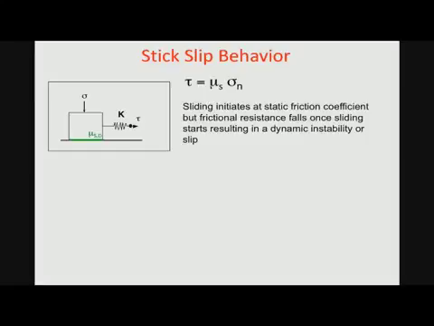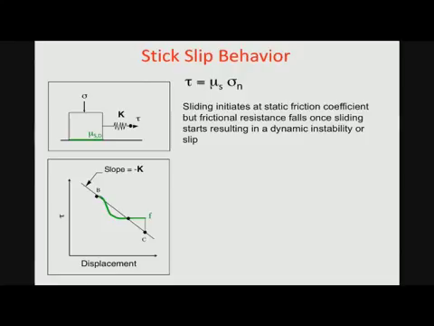As you pull, with your restoring force, K, your spring constant, if there are two coefficients of friction, a static coefficient of friction when the block is stable, and the dynamic friction is actually less once it starts moving, then you're going to have an acceleration of the block, or your slip. Eventually it's going to come to a stop and you're going to get your stick, and you're going to have repeated stick-slip behavior.